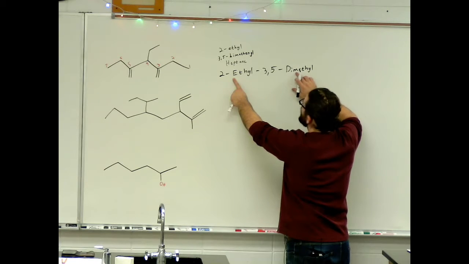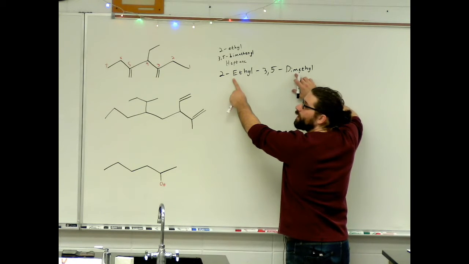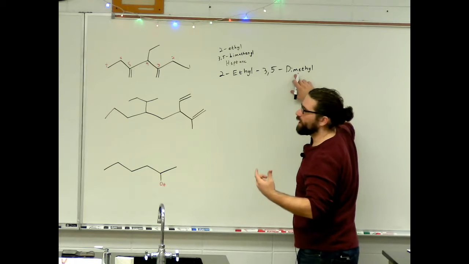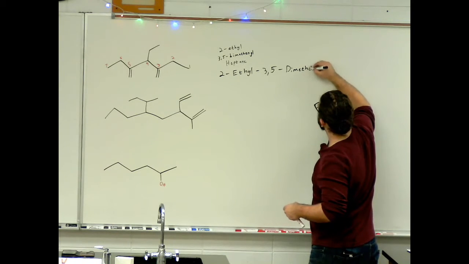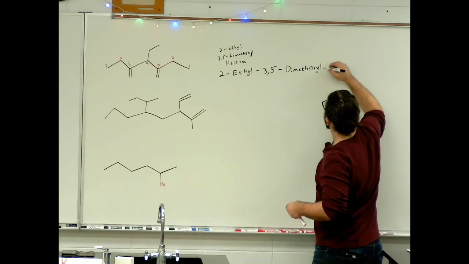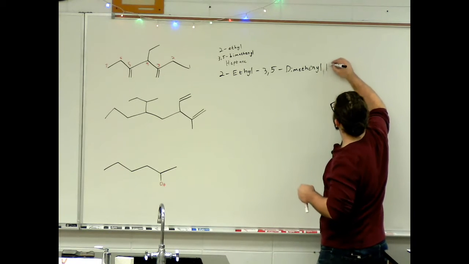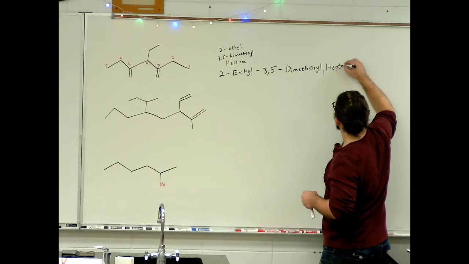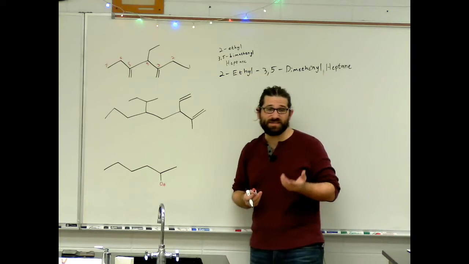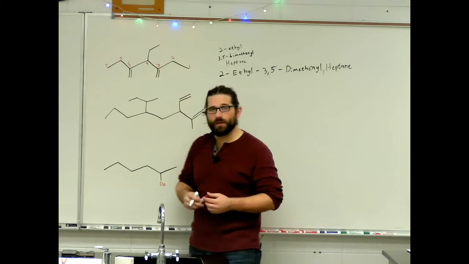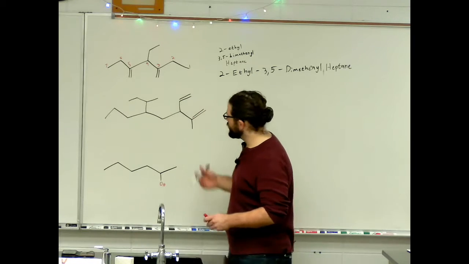It only matters the M, the constituent's numbered name. So 3,5-dimethyl, nope, that's meth-N-il. Heptane. So we're able to make a very complex name from a fairly complex molecule. Okay. How about this next one?